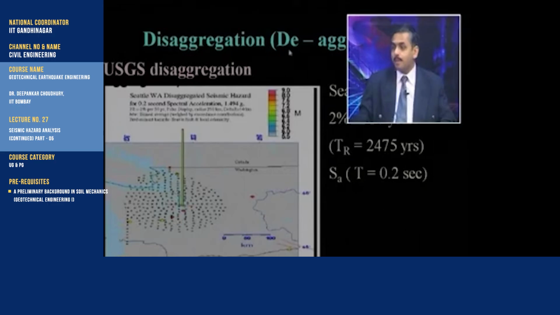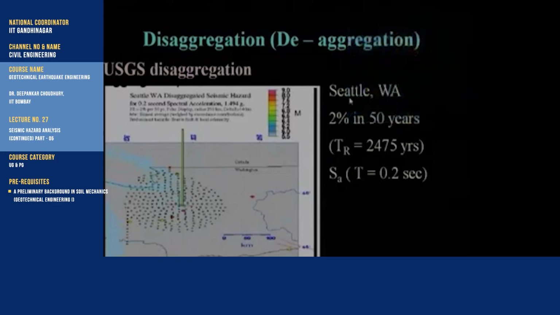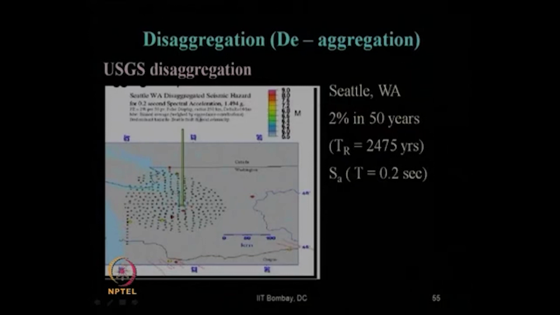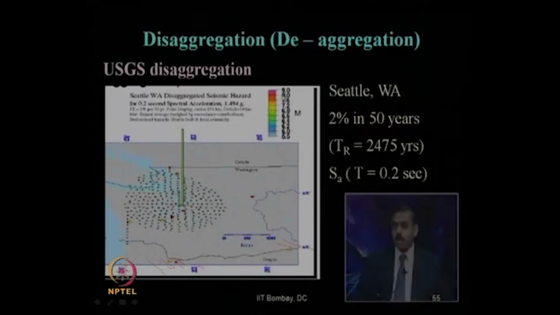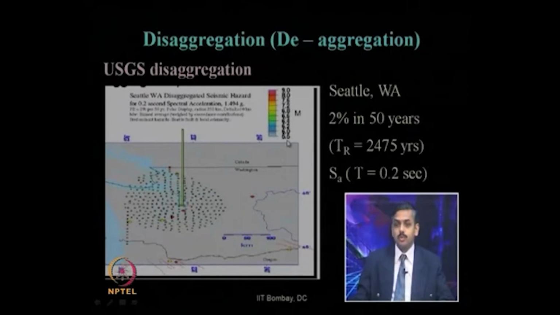Here one example is shown. You can see this is for Seattle in Washington in the US, with 2% probability in 50 years, that is, a return period of 2475 years, with spectral acceleration corresponding to a time period of 0.2 seconds, that is, a lower time period. You can see the disintegration of various magnitudes, right.